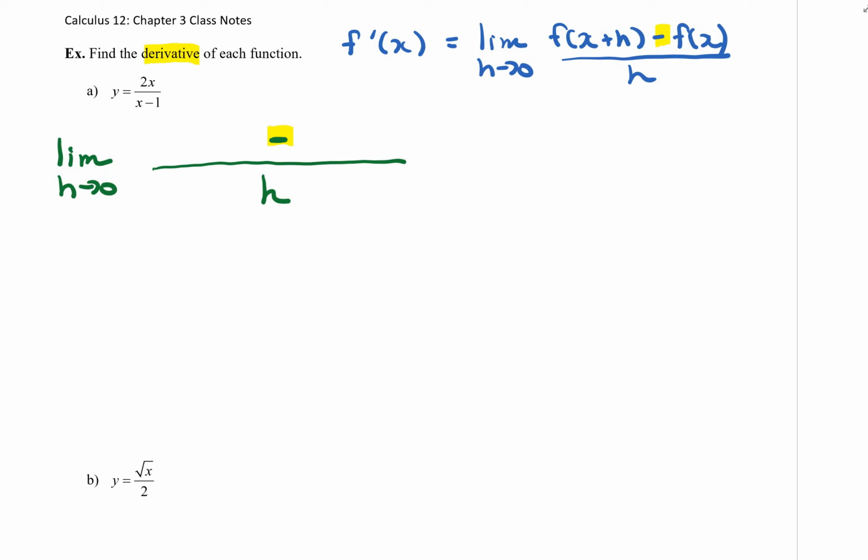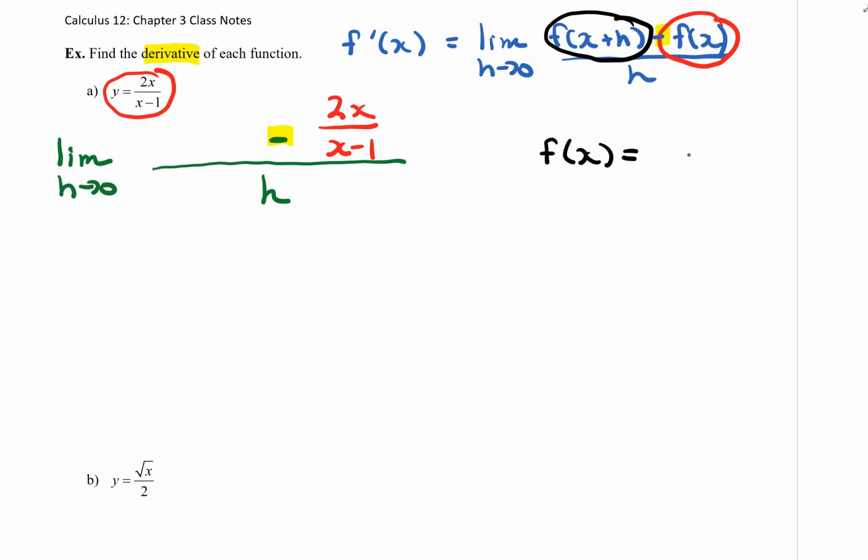Now the function here, f of x, right? So what's f of x? Well, f of x is this thing right here, so that's going to be 2x all over x minus 1. And now we need to find this f of x plus h, right? So f of x is equal to 2x all over x minus 1. And if I want to find f of x plus h, all we're doing is taking the x's and replacing them with x plus h.